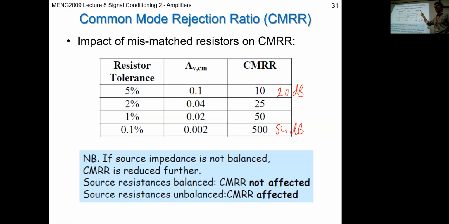Because basically what happens is, if you have mismatched resistors where you have a common mode, say you have a V1 and a V2, there'll be a difference in the amplification effect of those two voltages. So instead of just being V1 minus V2, you're going to get the value of V1 and V2 factoring into it because of this mismatch in our resistors. Right? So that's where this common mode rejection ratio comes from. The more precise your tolerance on your resistors, then the higher this is, and the more common mode you reject.